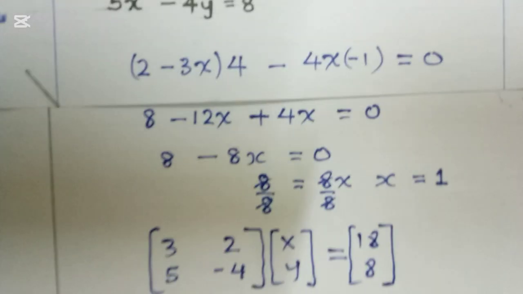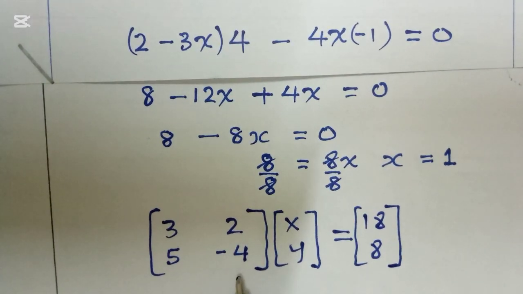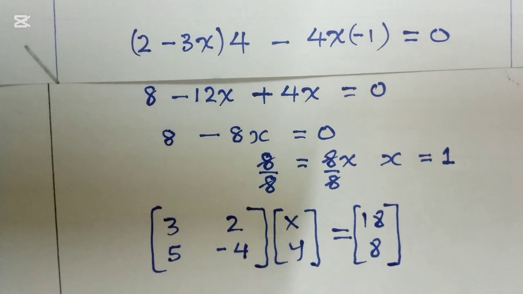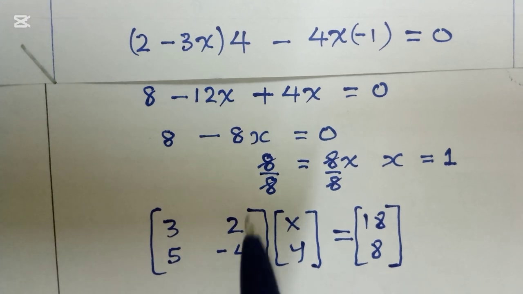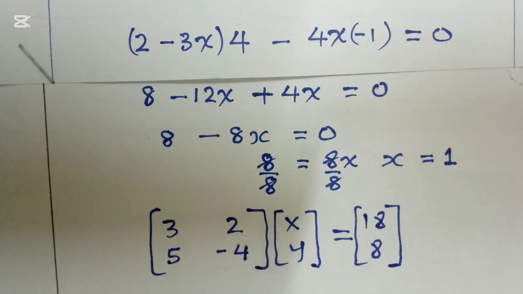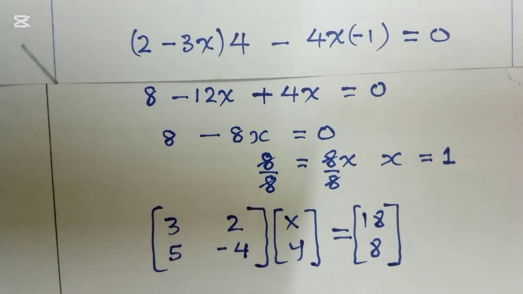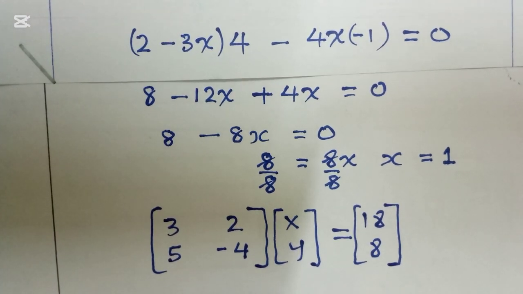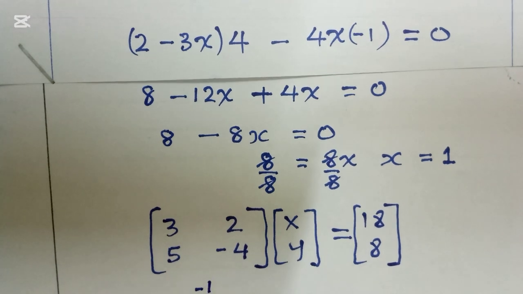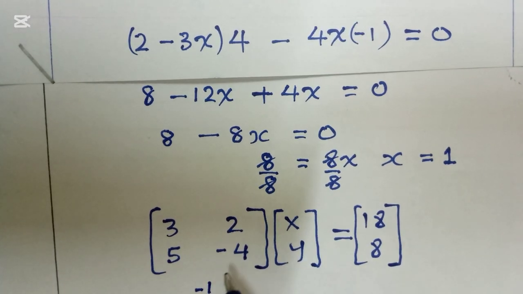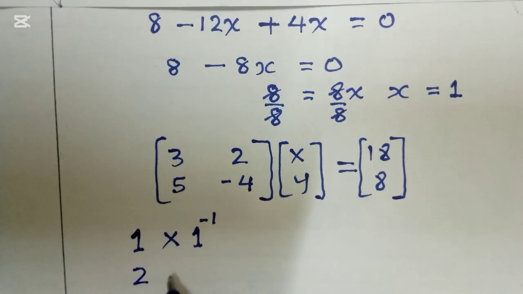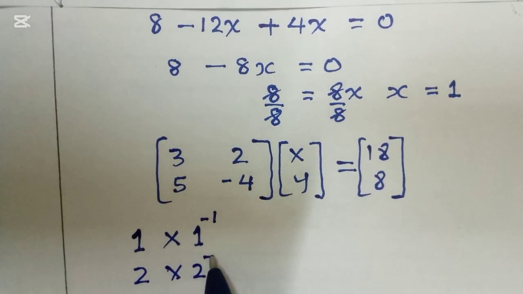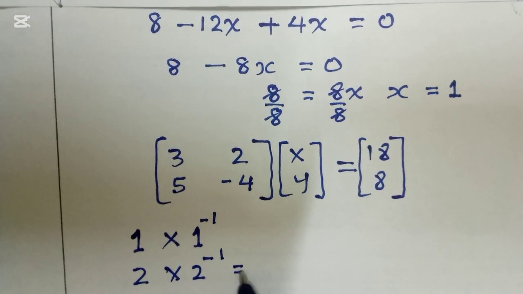So guys, what we are going to do is to find the inverse of this matrix. As I had said before guys, when we get the inverse, we'll multiply the inverse on this side. If you multiply a number by its inverse, for example 2, which is a better illustration than 1, 2 multiplied by 2 raised to -1, you get 1.